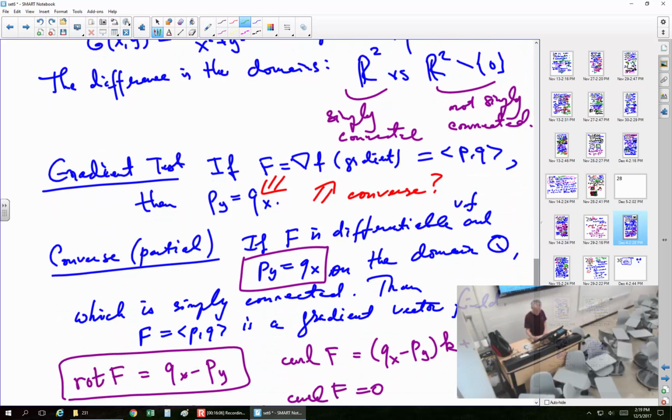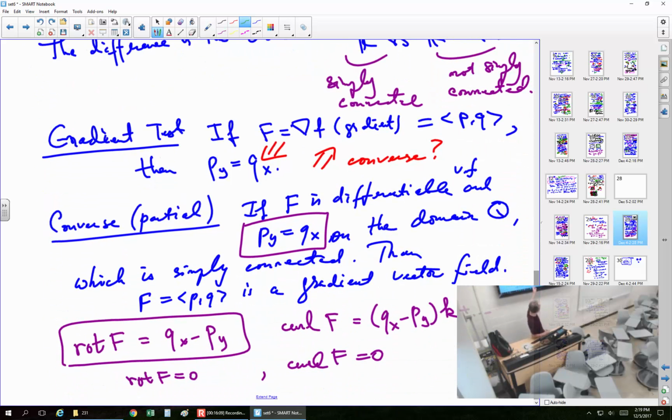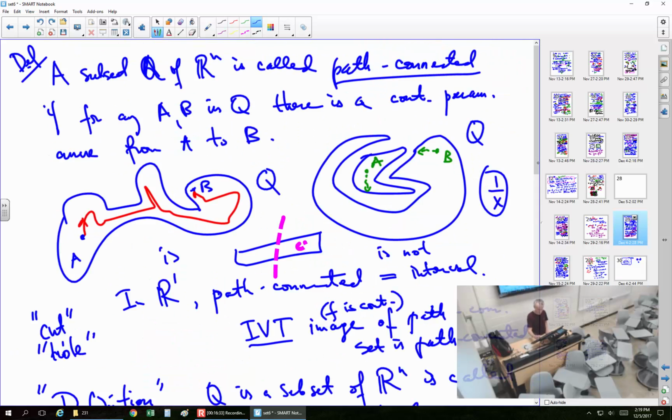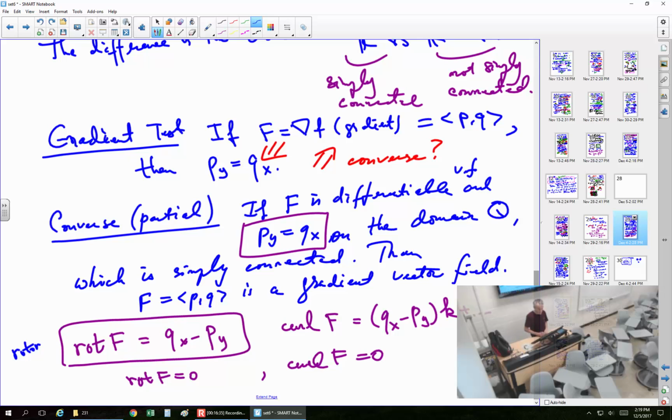This is a very convenient concept, as you can see over here. If we're talking about the gradient test, this expression has to be equal to 0, and there's a name for it. It's called the rotation, or rotor, of the vector field. So why is it a rotor is certainly worth discussing, and I think we just should examine that. Where is rotation, and why is it important in the first place?